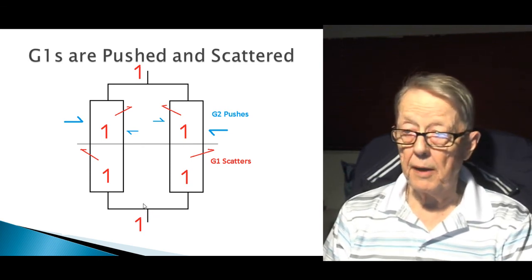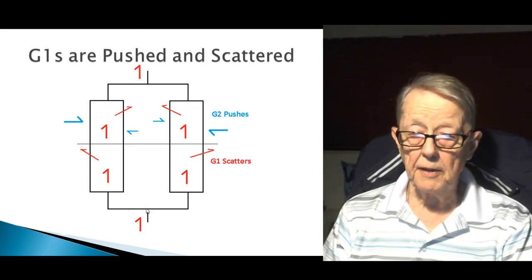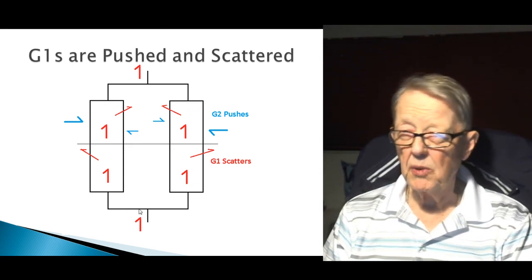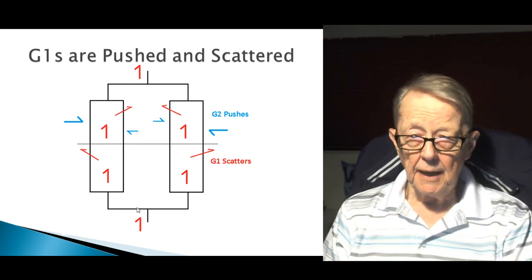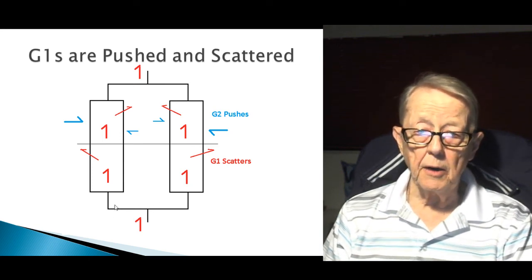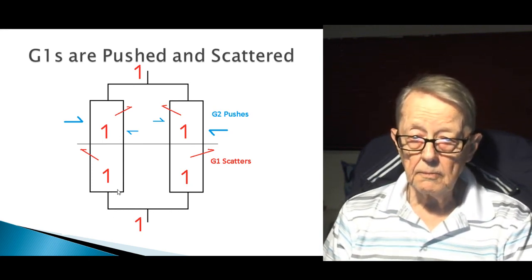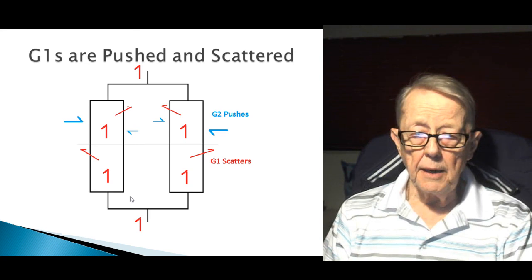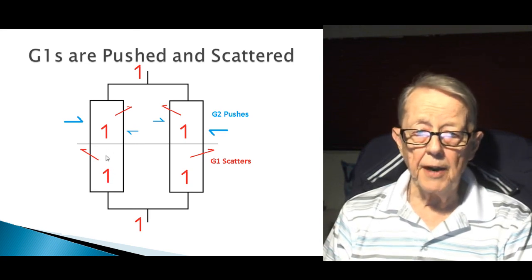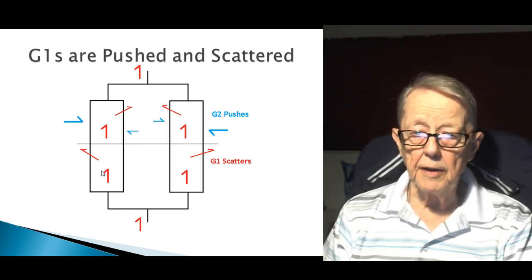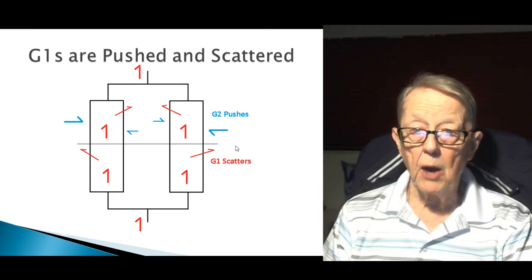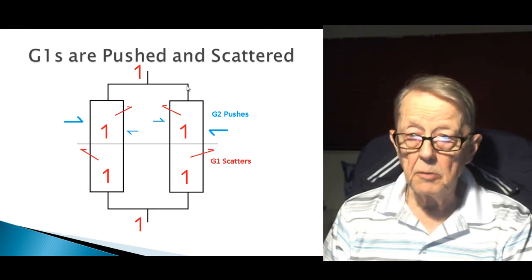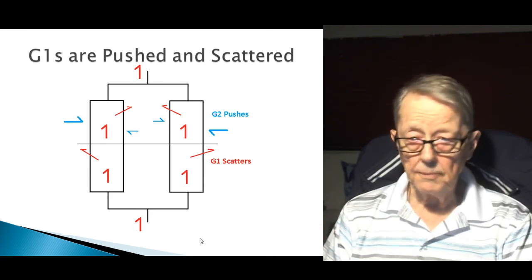I've tried mathematical analysis with 50-50, and you can play around with numbers, and okay, you get something, but you don't know how many are going which way, although the G2 force field might actually affect how that happens. Anyway, then you've got the interaction factor of scattering in here as this large volume of G1s are plowing their way through.